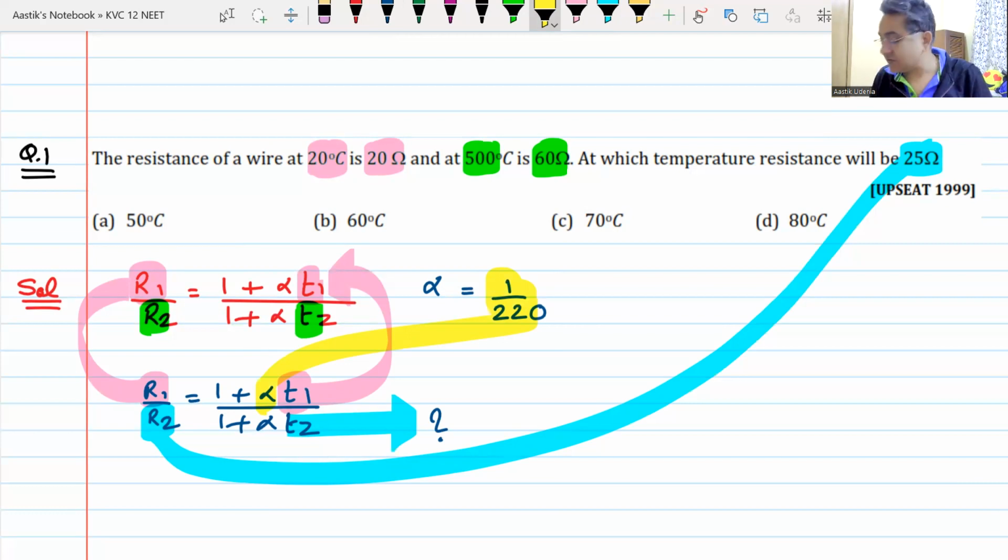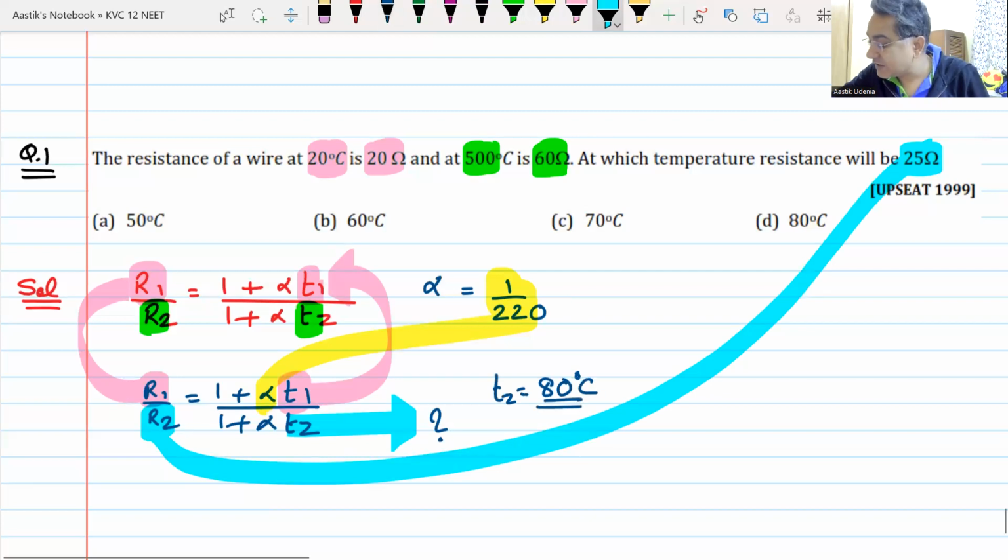Do we understand this? It will require some calculations. Those calculations may not come because they become too much. But you understand that if any question comes, this is the way you are supposed to solve it. The value of temperature that is coming, T2, is 80 degrees Celsius.